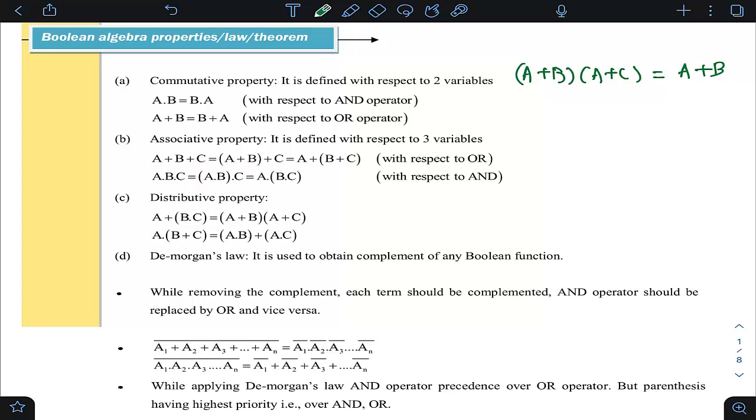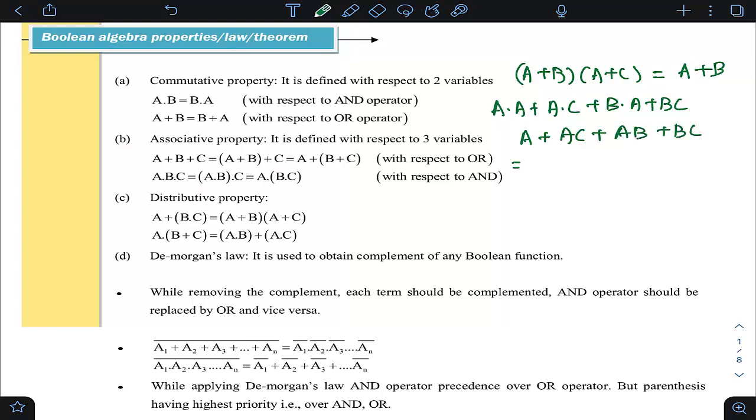In normal algebra, you would have done A into A, plus A into C, plus B into A, plus B into C. Here also let me do it that way. A dot A plus A dot C plus B dot A plus B dot C. A dot A is A, A dot C is AC, B dot A by commutative law is AB, and this is BC.